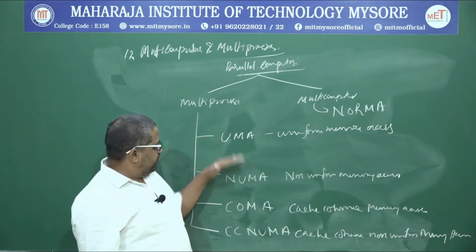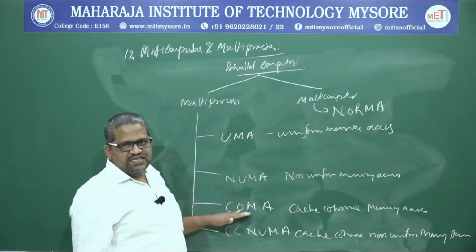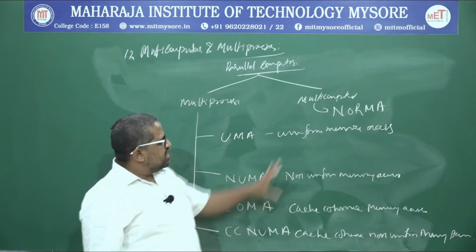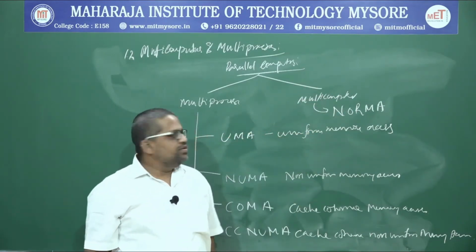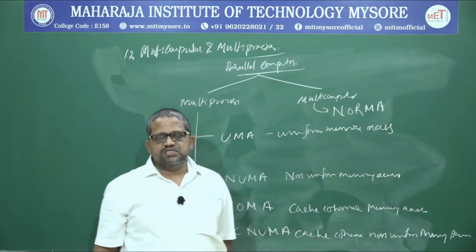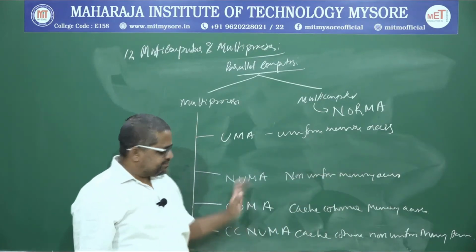So, these are the 4 models. Out of 4, 3 are going to be discussed in detail, and he has just made a mention of this, and in multi-computers we are going to discuss the NORMA model, no remote memory access model. Clear? Right.